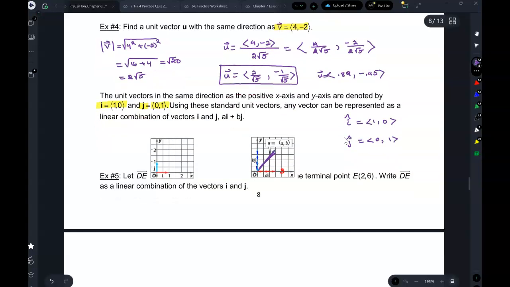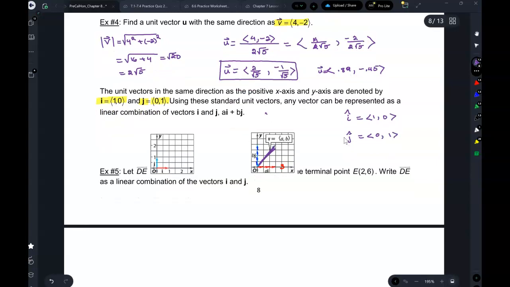So this vector v can be written as 3, 4 in component form, or it could also be written as 3i hat plus 4j hat. And that is a representation as a linear combination of i and j. Okay, linear combination of i and j.